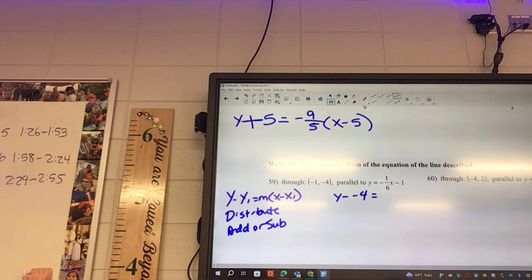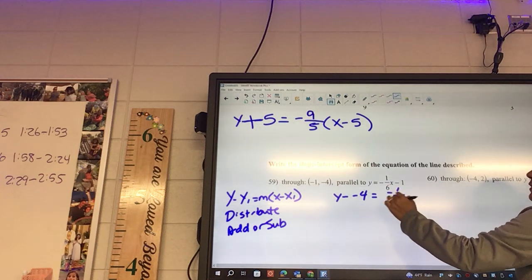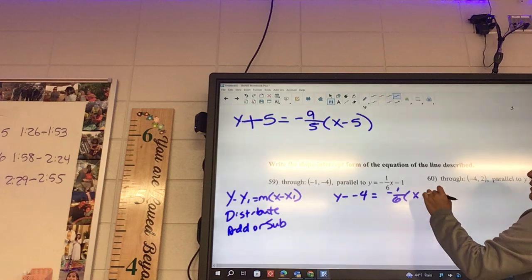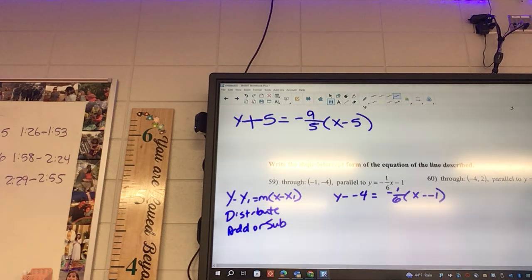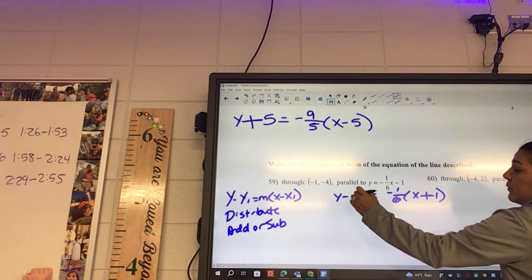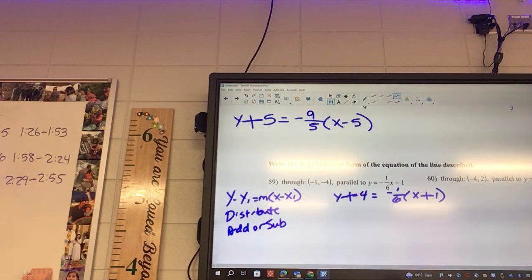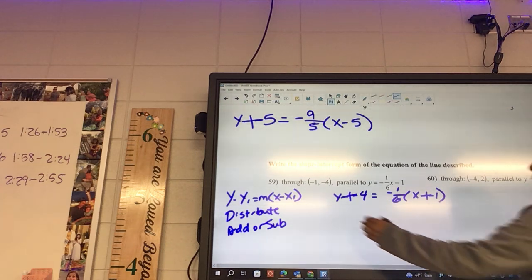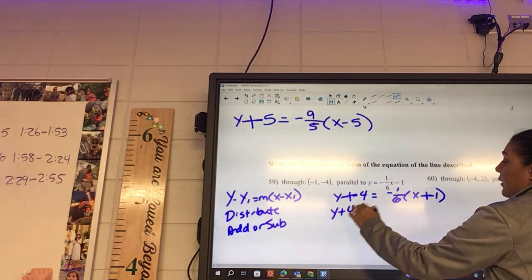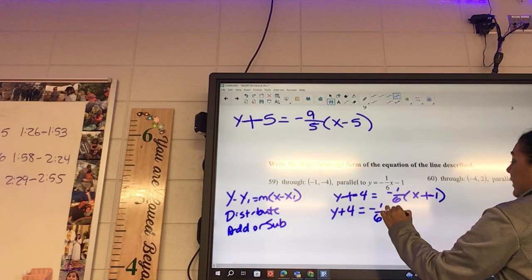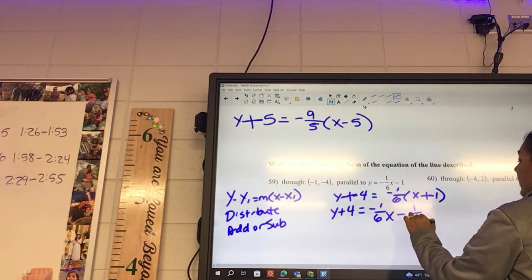Parallel, so we're gonna keep it the same, so negative 1 over 6, x minus negative 1. Okay, we're gonna go ahead and change them. And then we gotta distribute, so y plus 4 equals negative 1 over 6x minus 1 over 6.